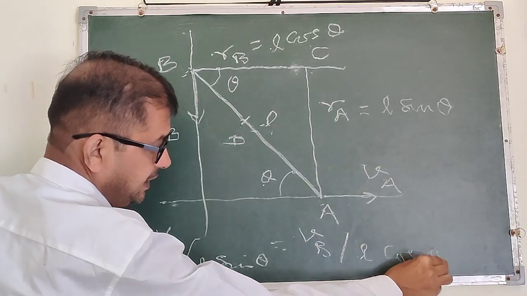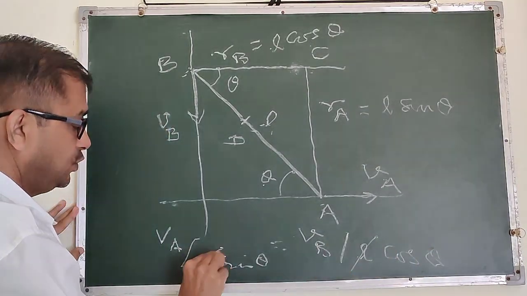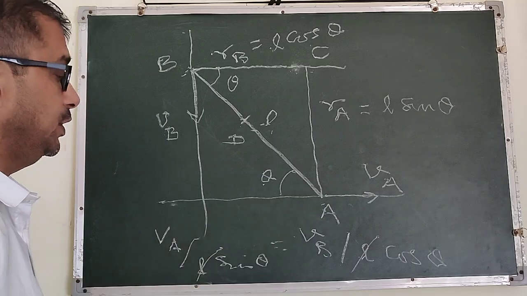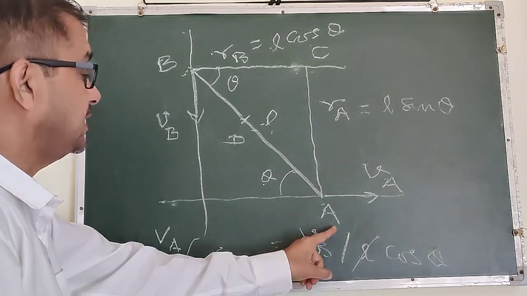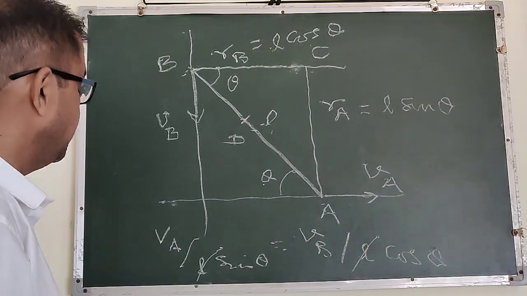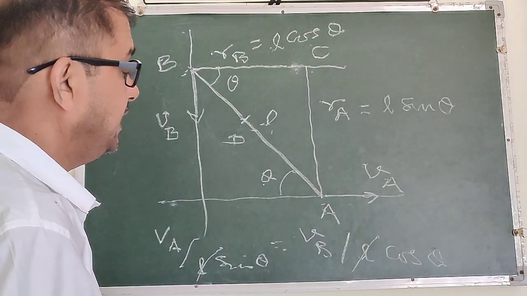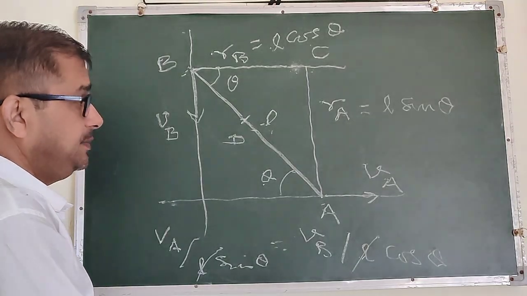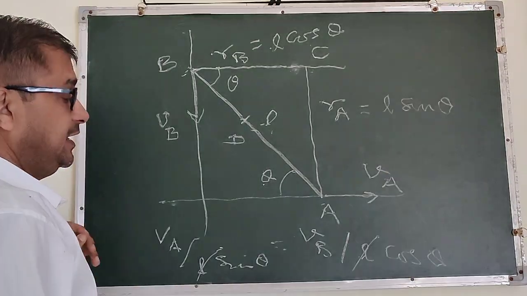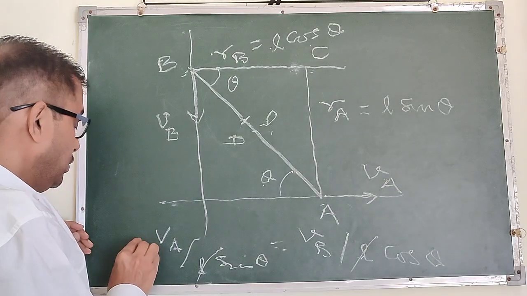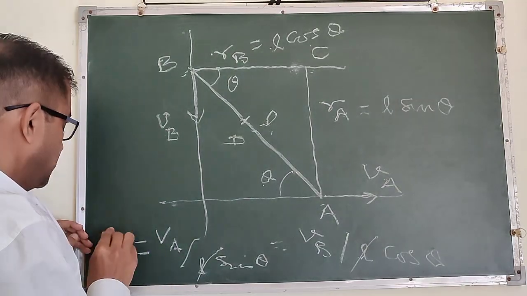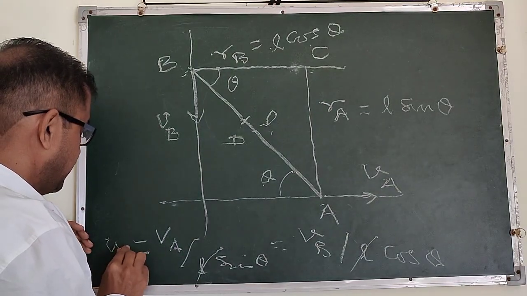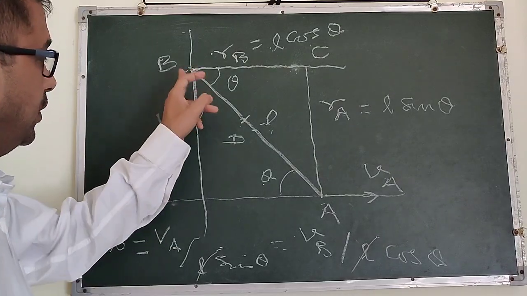As we see, L and L will cancel out, and sin theta upon cos theta becomes tan theta. So VA is equal to VB tan theta. This is the relation, and this is also omega, and omega is the same for all the points of the rod.